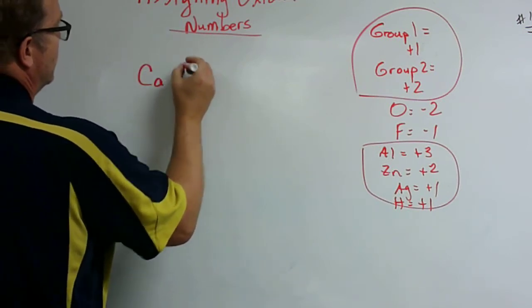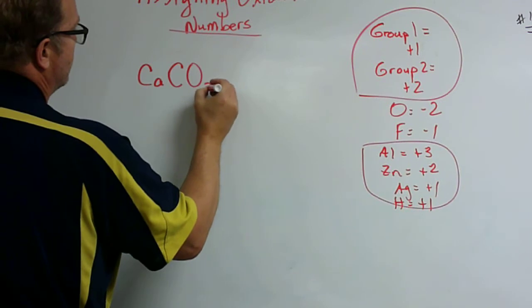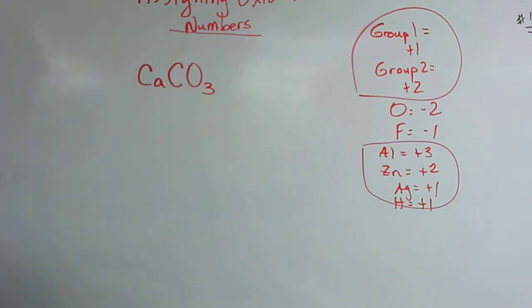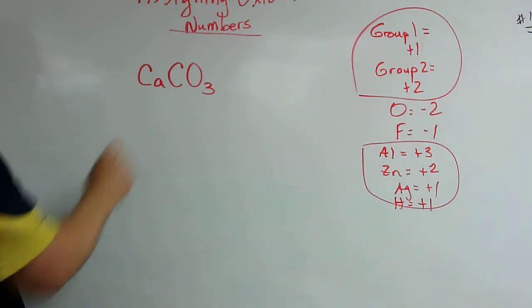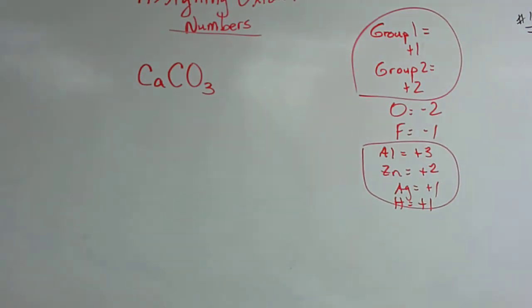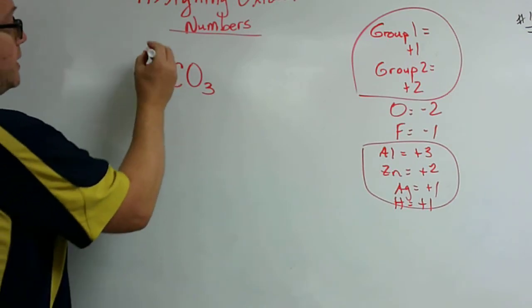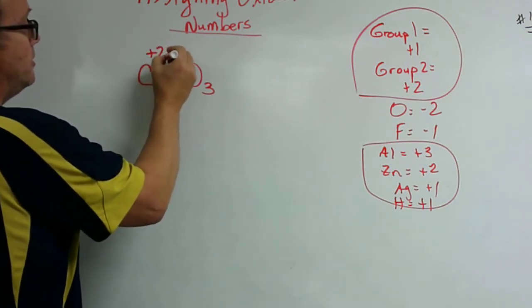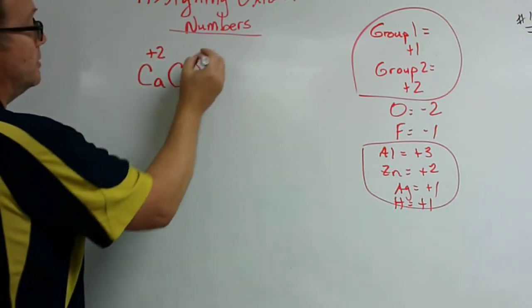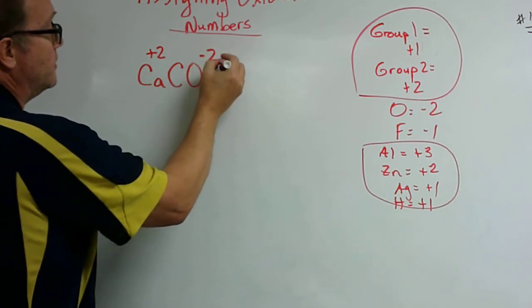Now let's go ahead and do ones that are actual formulas. So let's go CaCO3. And the common thing is, they're always going to ask what the oxidation number is for your middle one. Or sometimes it's going to be the first one. Because we already know that when we have this, we have a positive 2 here, and this is a negative 2.